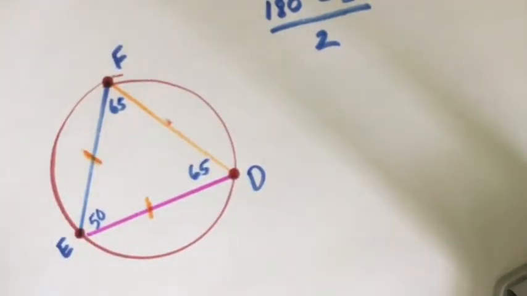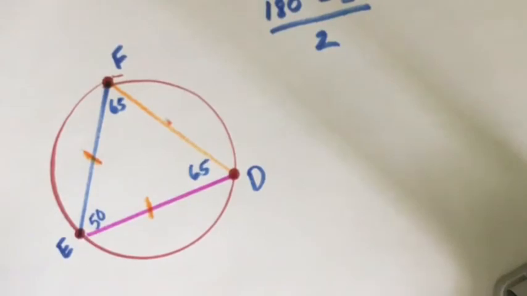Okay, why do I need that? Well, I am going to use the measure of the inscribed angles theorem. The measure of the inscribed angles theorem says, hey, the measure of an inscribed angle is half the measure of its intercepted arc. Okay, so I need to find the arcs. That's what it asked me to find.